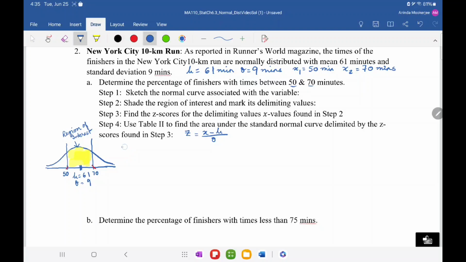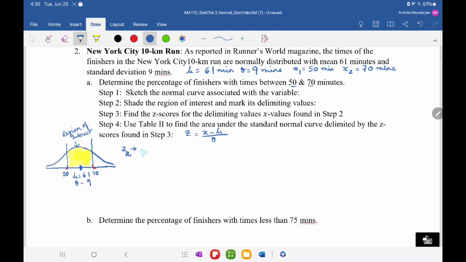All right, so for z sub 1, which is 50, let me find z sub 2 first, okay? Z sub 2 is 70, because we have to do the subtraction from the higher value. That's why I'm going to work z sub 2, but you can find z sub 1 first as well, doesn't really matter.